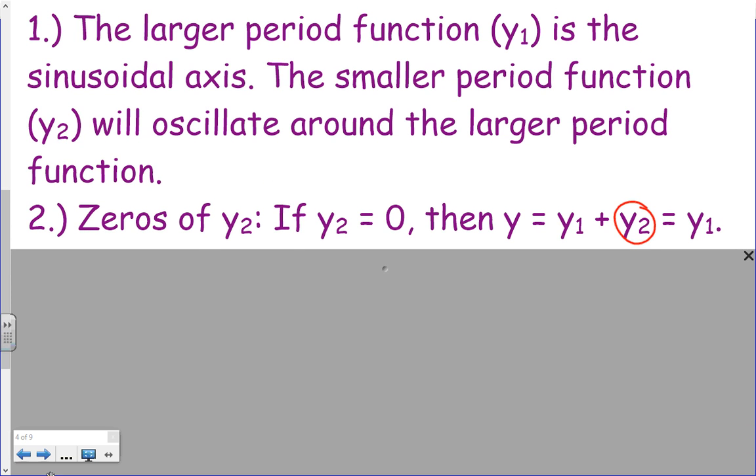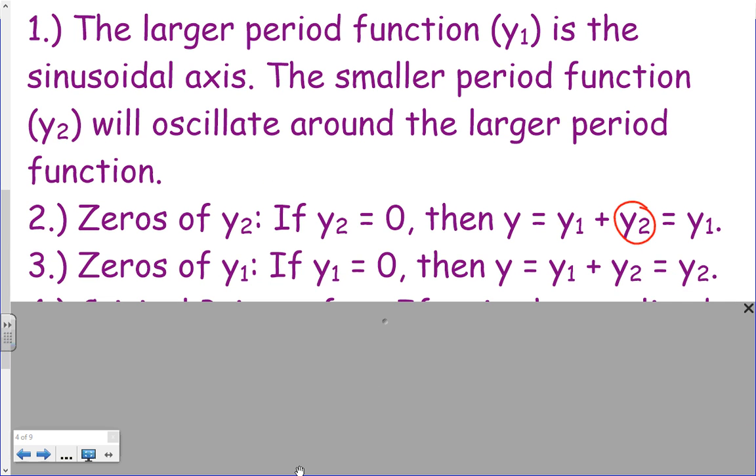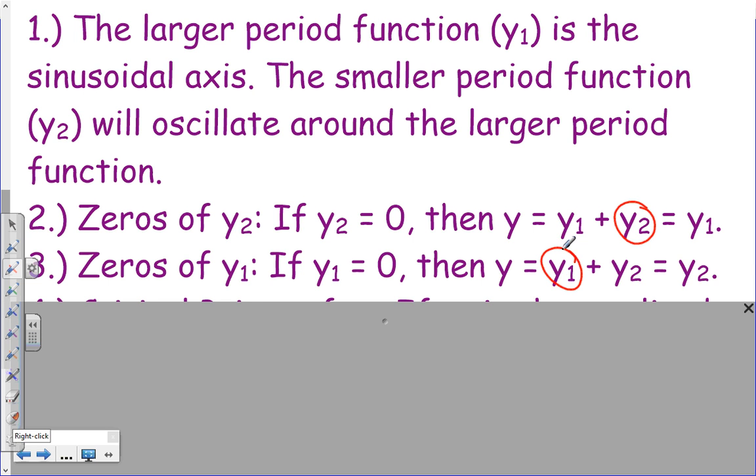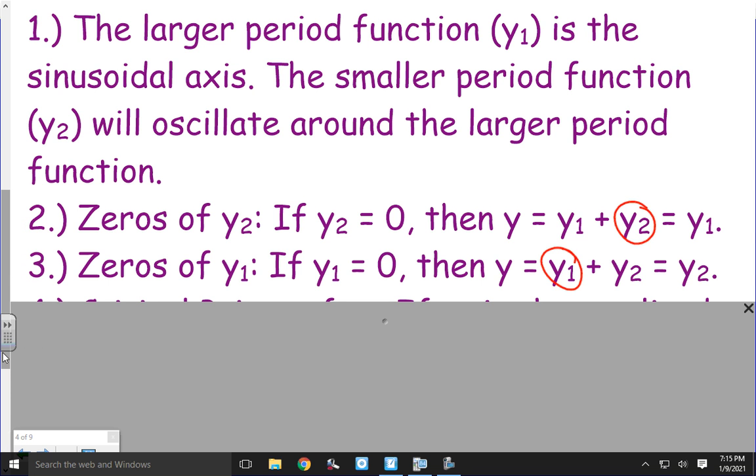We should also consider the zeros of y1. Anywhere that y1 is equal to 0, then of course when I add y1, which is 0, plus y2, you'll end up with just y2. Now, in some cases, we might end up with different zeros here versus y2. And in other cases, we might end up with the same thing, which is the case we've got here.